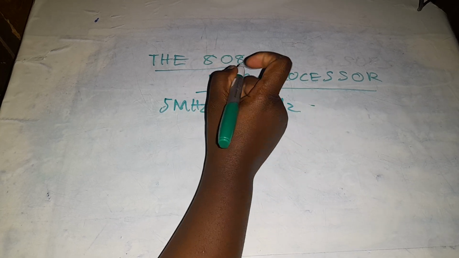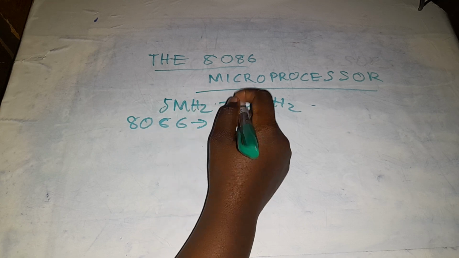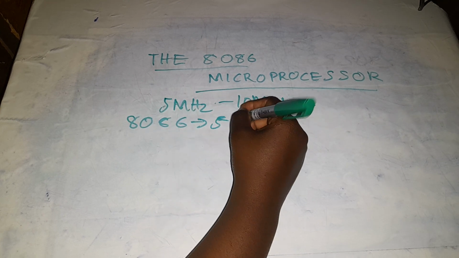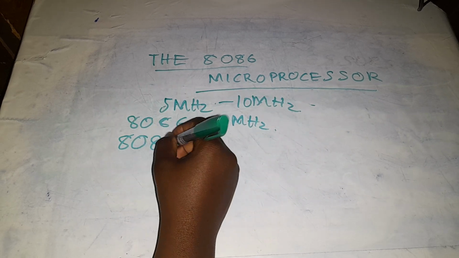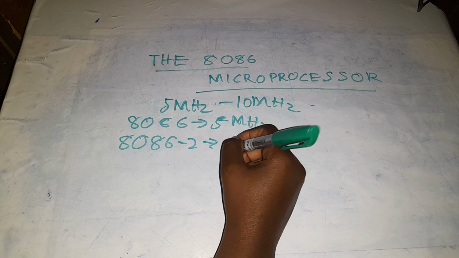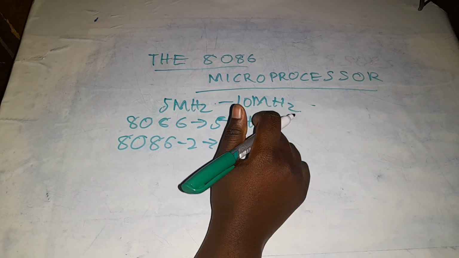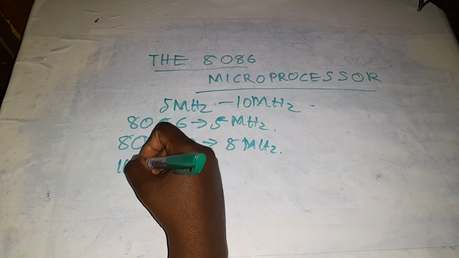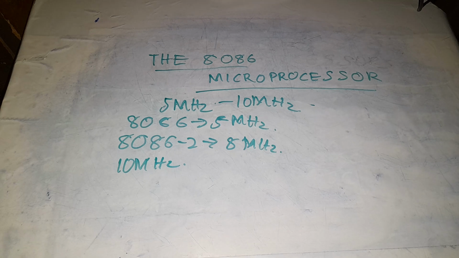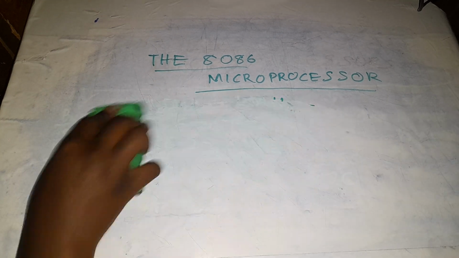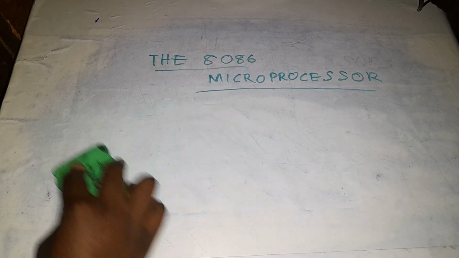Within this range you have the 8086 itself at 5 megahertz, then the 8086-2 at 8 megahertz, and the last one at 10 megahertz, the 8086-1. Those are the different clock speeds.